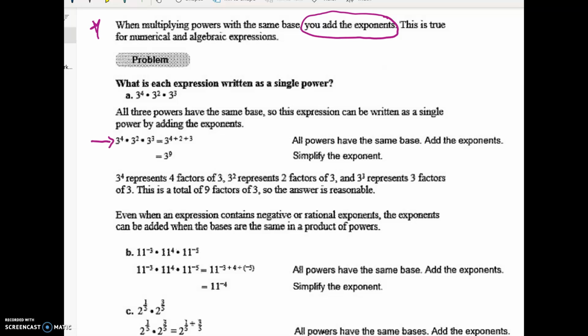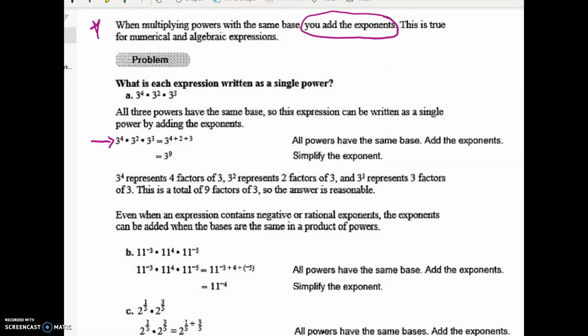In this step, we combine the 3 because they all have the same base, and we add those exponents, so we end up with 3 to the 9th power. Remember that if your exponent is 5 or greater, you need to just leave that as it is. So we don't need to go ahead and punch that in our calculator. Just leave it as 3 to the 9th.